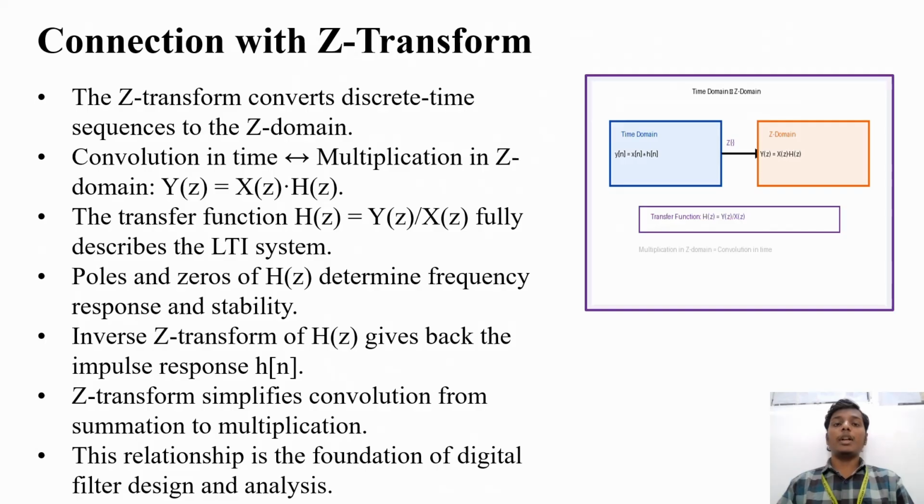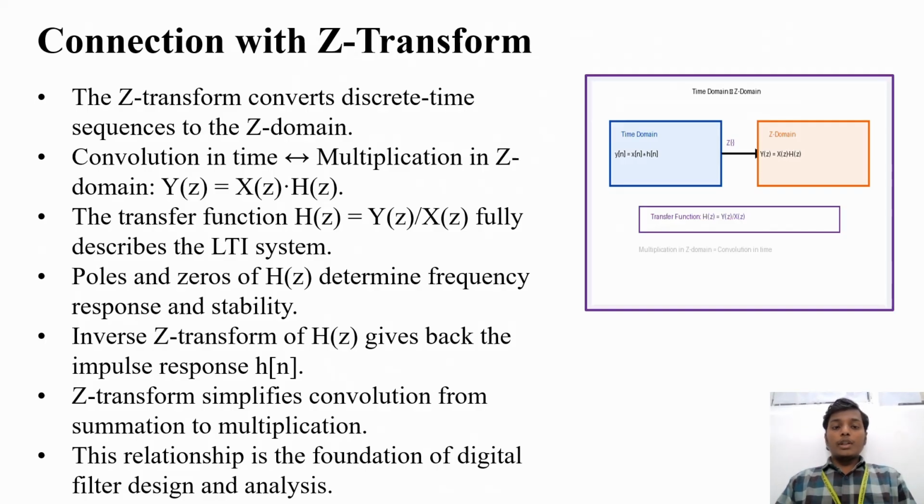Connection with Z transform. The Z transform converts discrete-time sequences to the Z domain. Convolution in time gives multiplication in the Z domain: Y(z) equals X(z) times H(z). The transfer function H(z) equals Y(z) divided by X(z) fully describes the LTI system, meaning linear time-invariant system.